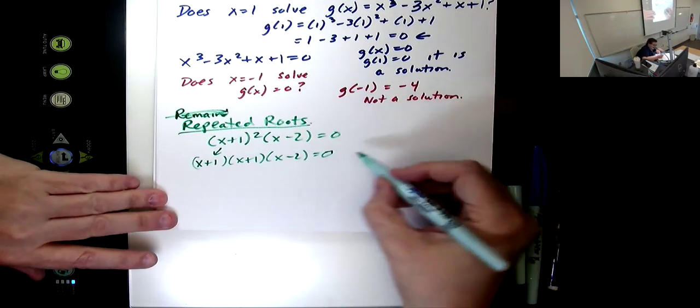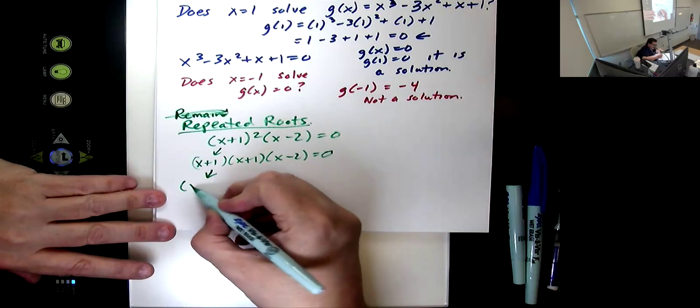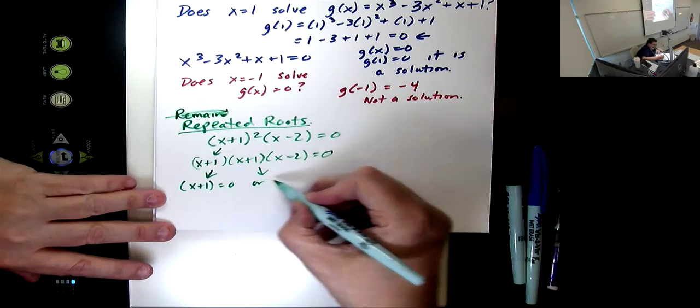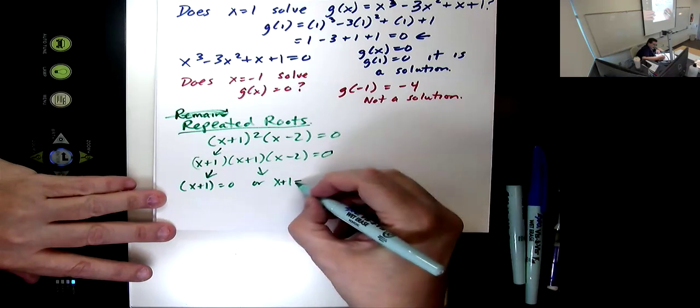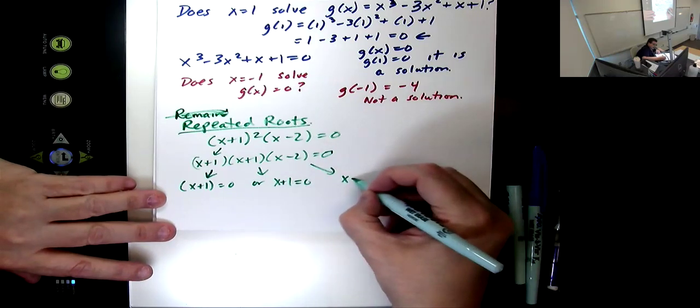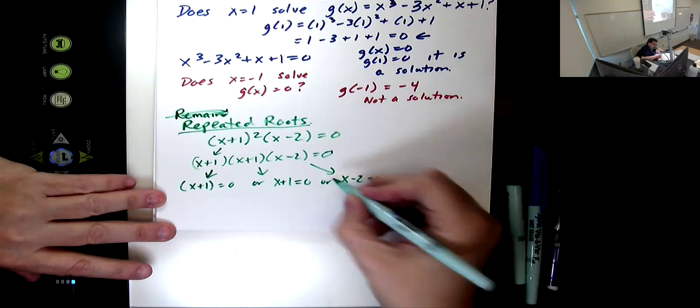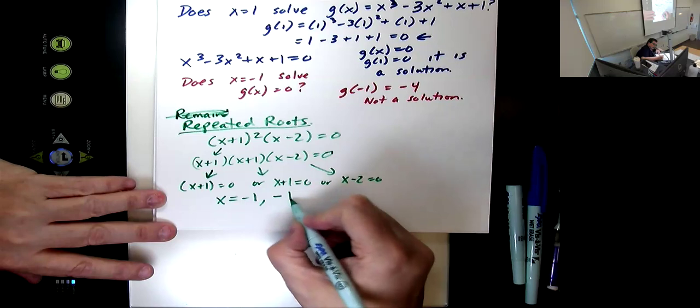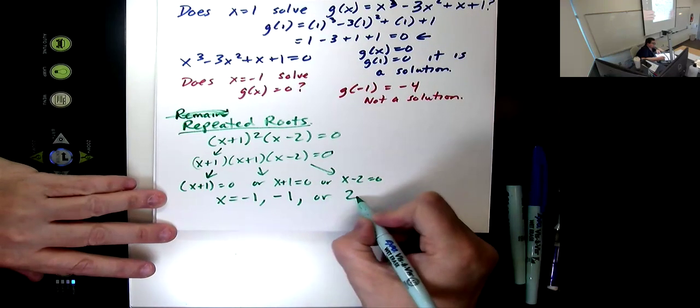And the roots or zeros are found by setting each one of these equal to 0. I get x equals -1, x equals -1, or x equals 2.